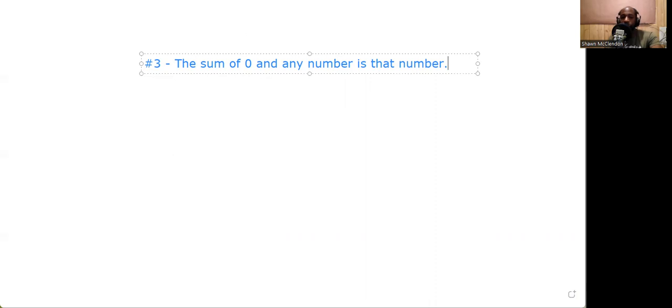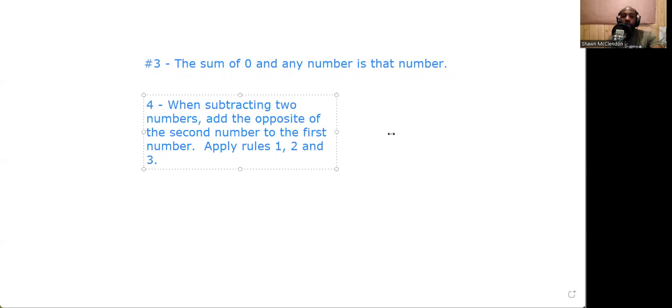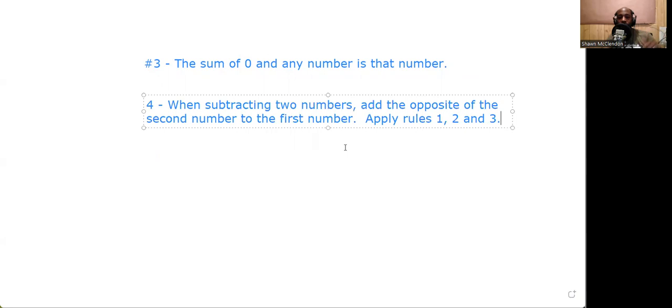All right, let's go to this next one right here, number 4. This says when subtracting two numbers, add the opposite of the second number to the first number, and then apply the rules that we have already talked about. So say, for example, we had 6 minus 4.